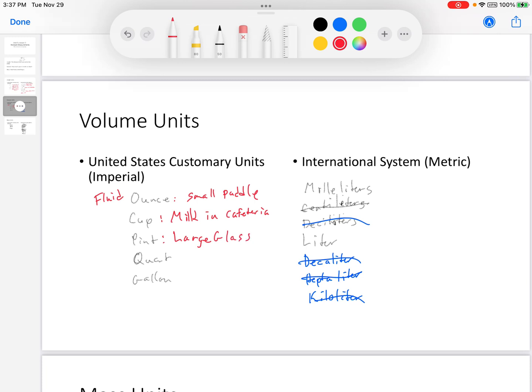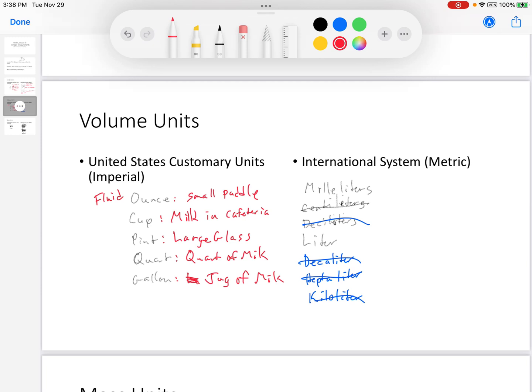Might have a pint in it. A quart is the smaller measurement, like a quart of milk. And then a gallon would be a larger amount of milk, a jug of milk. It's interesting that 3 of the measurements I've used are milk.